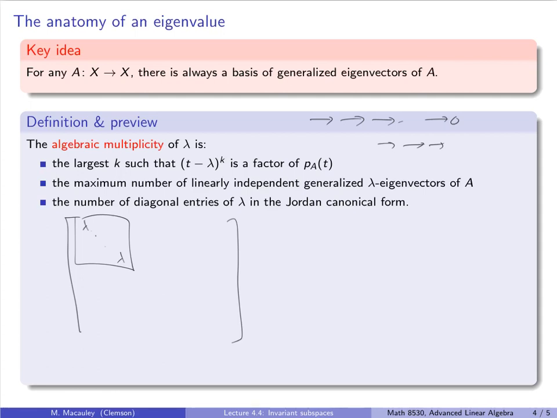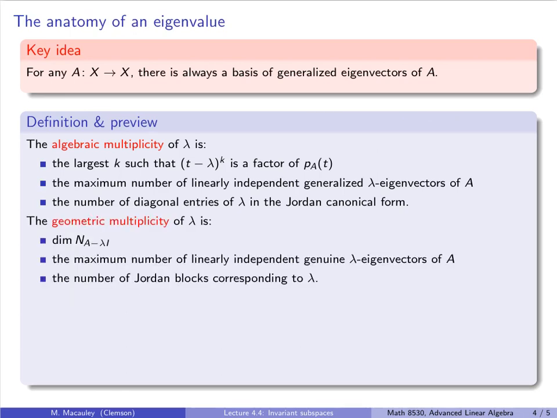So the number of generalized eigenvectors is just the total number of entries in here. It's the sum of the lengths of the chains, and the length of each chain is the size of each block, which is the number of diagonal entries. So for example, if we have 2 chains like this, then we will have 2 blocks like that. And there might be others for other eigenvalues as well. So there might be one with a mu and so forth.